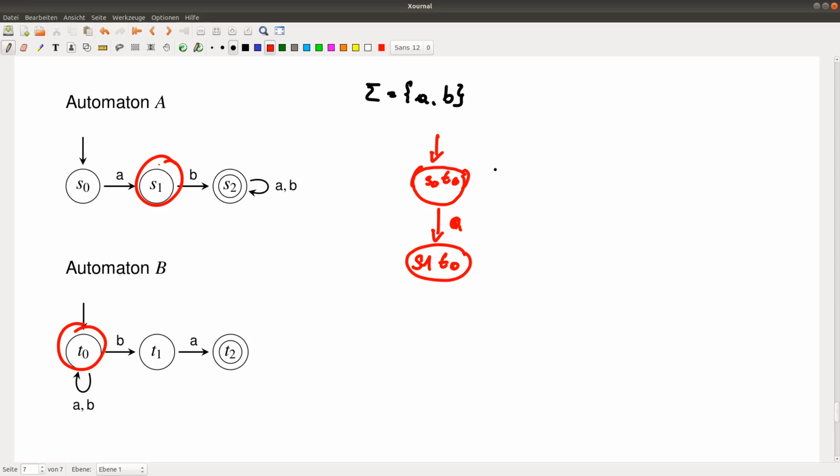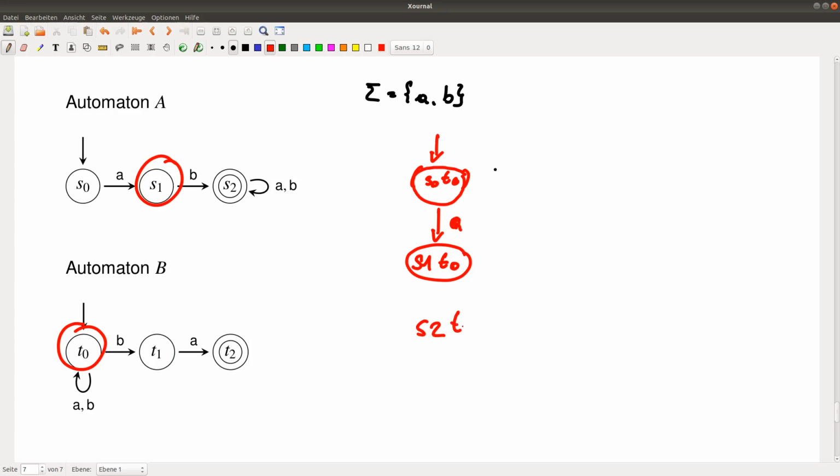And now we have to check where we can go with an A, and with an A it's not possible to proceed in automaton A, so we cannot do an A step, but we can do a B step, and with a B step we go to S2, and there are now two choices.